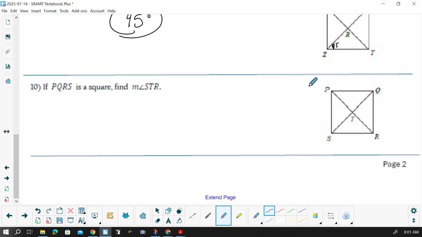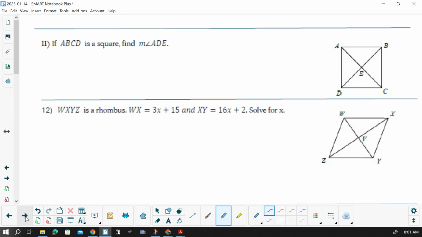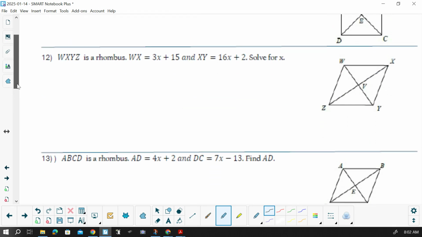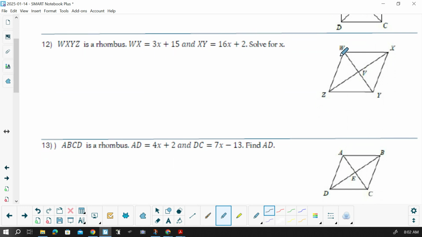Number 10, STR in the middle, 90. Not really any work to do for those. Number 11, ADE, again, there, 45. Okay. Rhombus WX is this, XY, this one.